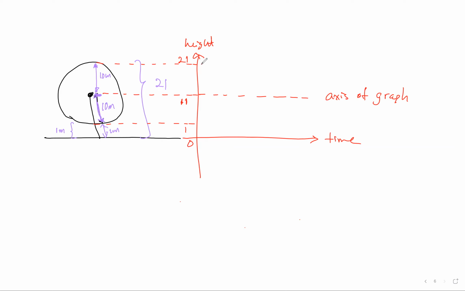So if you plot your graph, it'll look something like this, where you have a different color. So it may move like this, this, and like this. Of course, from here to here is one complete revolution.